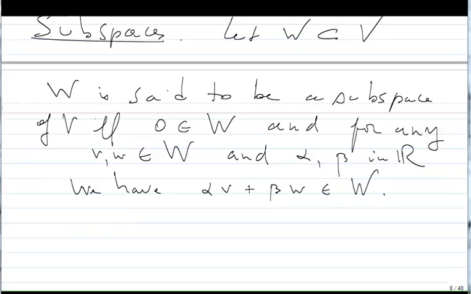So the structure of subspaces plays a major role in understanding vector spaces.